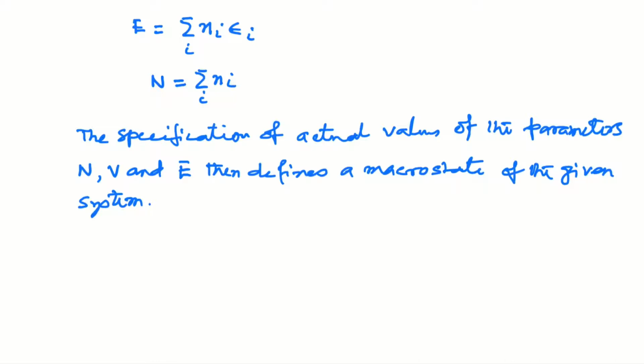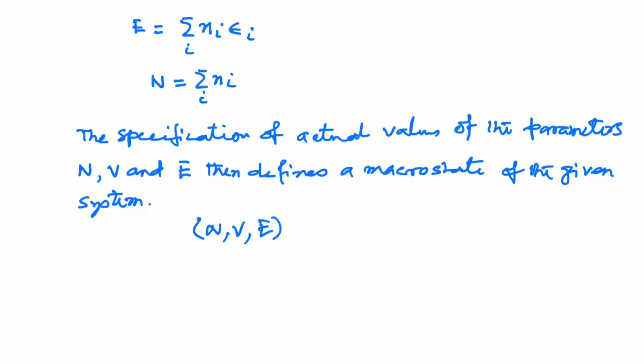At the molecular level, however, a large number of possibilities still exist because at that level there will in general be a large number of different ways in which the macro state, which is defined by N, V and E of the given system, can be realized.